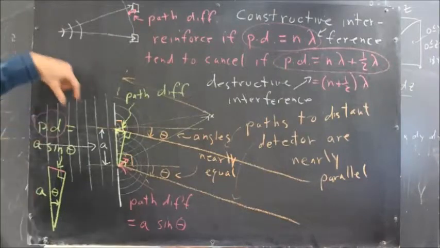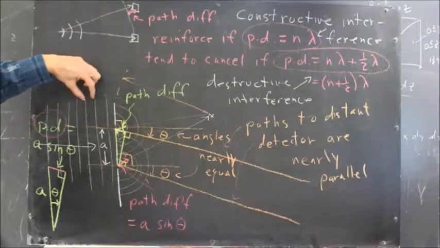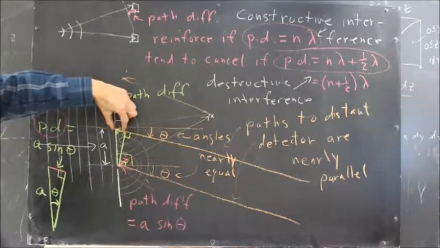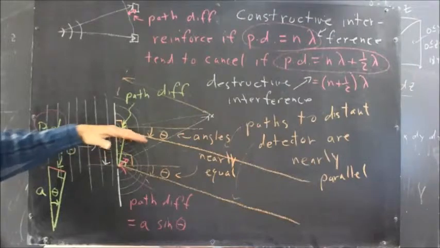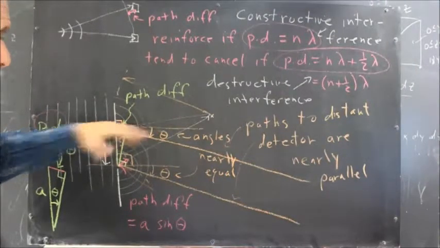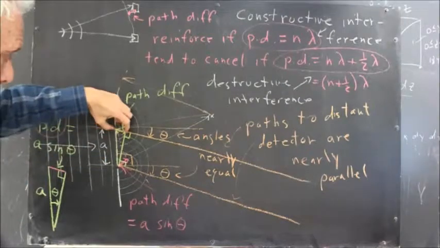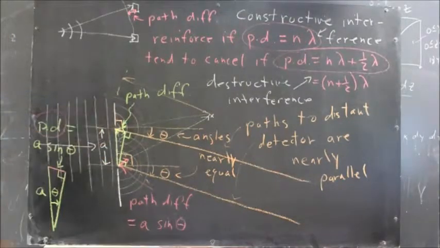Now let's see, what's the wavelength? If the wavelength is the distance between these crests, then the wavelength is about this, and that path difference looks like it's pretty close to a wavelength. Now at an angle that's close to but not exactly half of this angle, this side will thin down to where it's only half a wavelength.